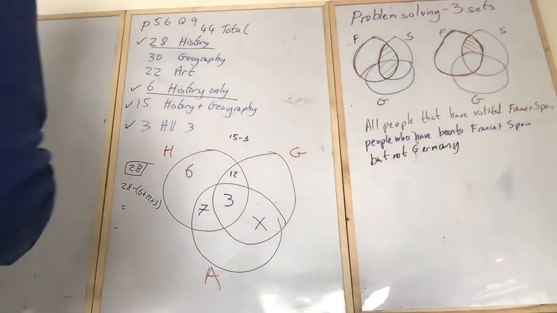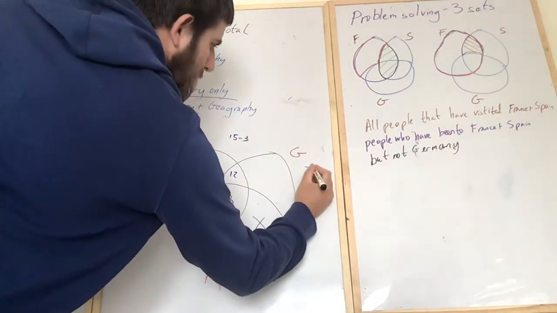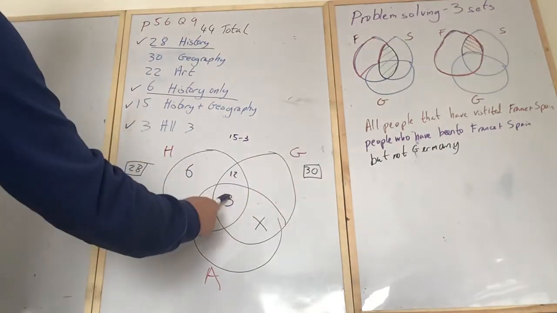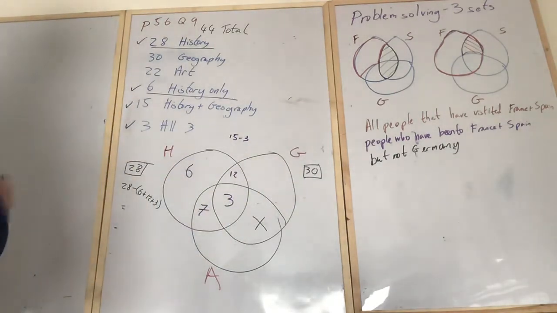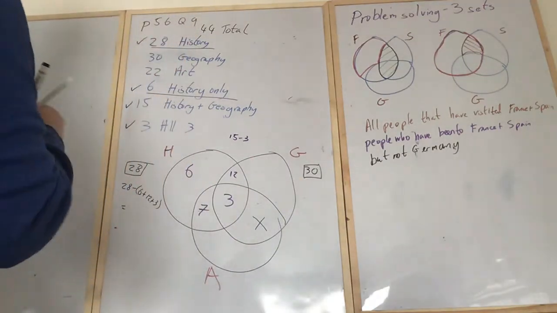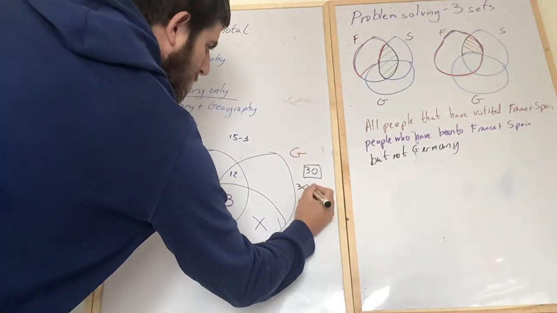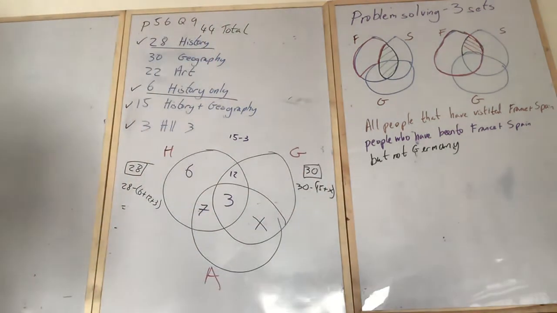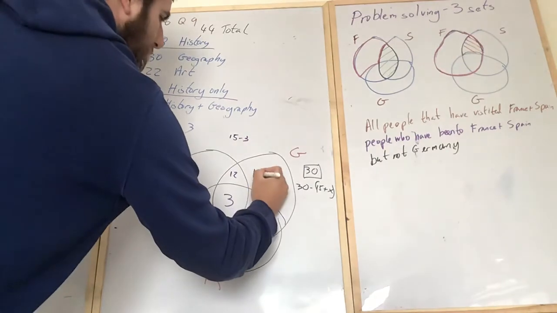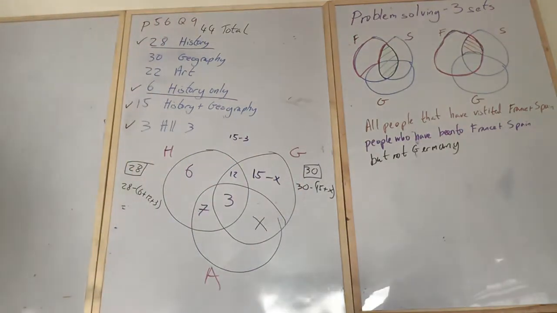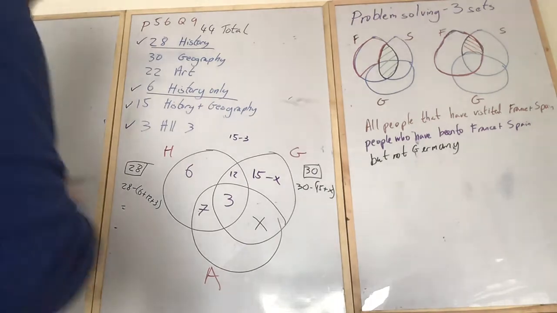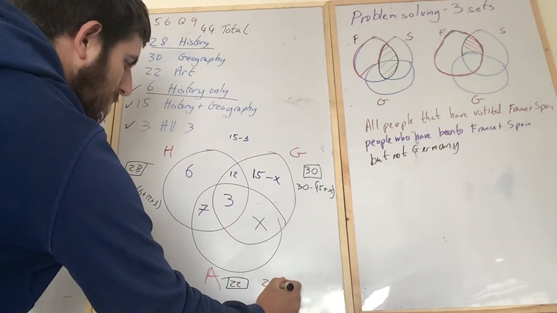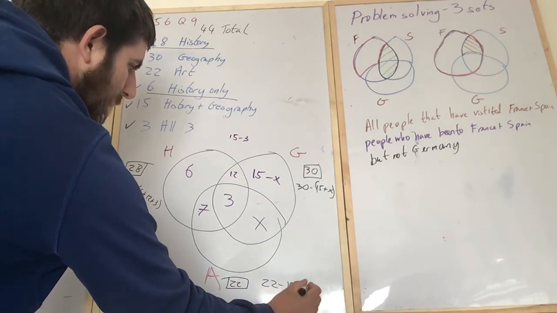Now we're going to look at geography had a total of 30. So it's going to be 30 minus 15 plus x. Because that's in a bracket, you're left with 15 minus x. Then with our art, we have a total of 22, which is 22 minus 10 plus x.